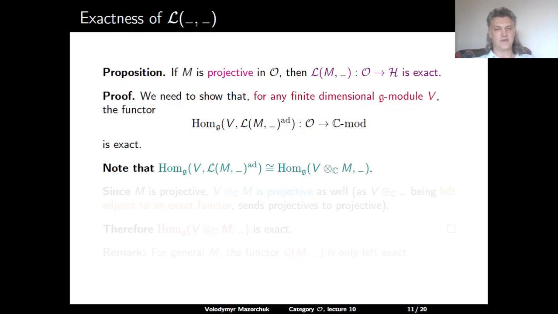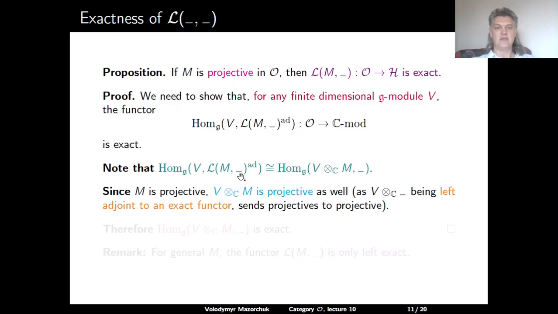Note that from the previous slides, it follows that this functor is isomorphic to the functor hom G V tensor M blank. Since M is projective in O, V tensor M is also projective because tensoring with finite dimensional modules preserves projectives. So hom from a projective object is an exact functor. Therefore, this functor is exact, so the original functor of hom GV to Lm blank adjoint is exact, and this gives us our statement.